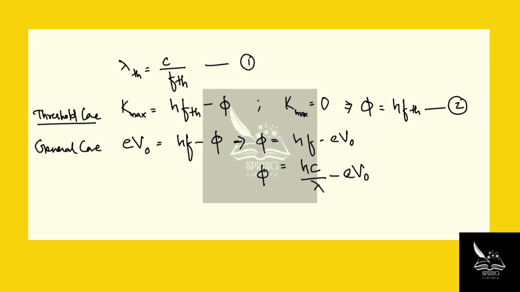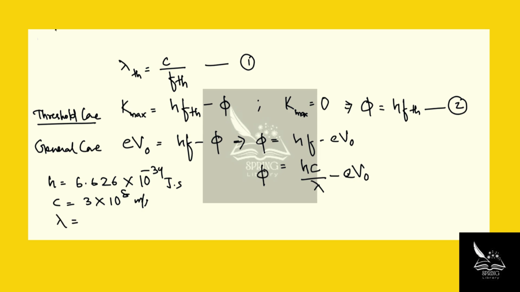Now we have all the information we need to solve this equation. We know the Planck constant is 6.626 times 10 to the power minus 34 joule seconds. Speed of light is 3 times 10 to the power 8 meters per second.